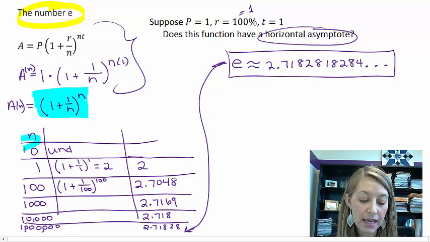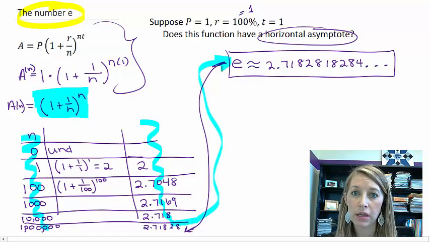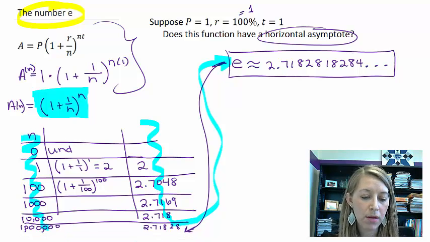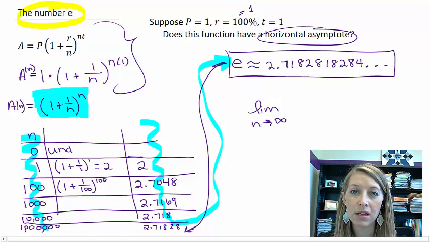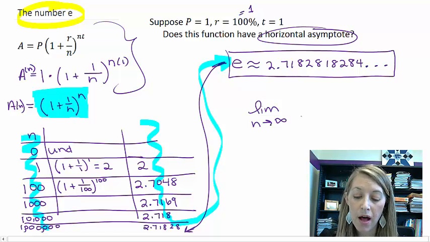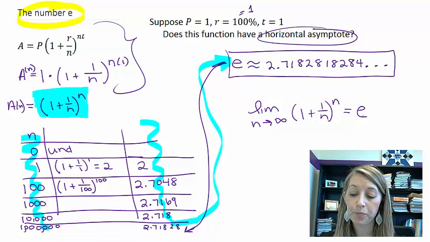And notice as n increased, this whole value here got closer and closer to our letter E. What does that actually mean? That means if we look at the limit as n increases indefinitely, n approaches infinity, of this 1 plus 1 over n to the n power, that is going to be our exact value of E.